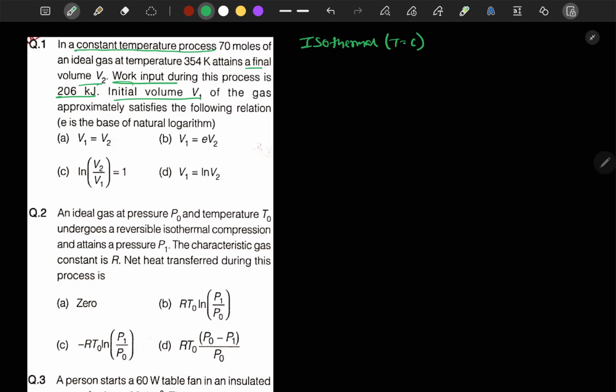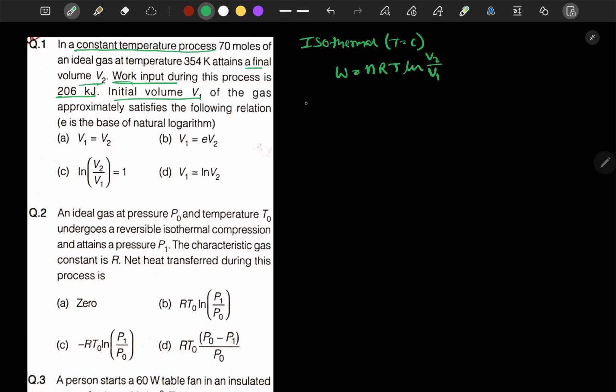Okay, you know that the relation of work for isothermal is W = nRT ln(V2/V1).